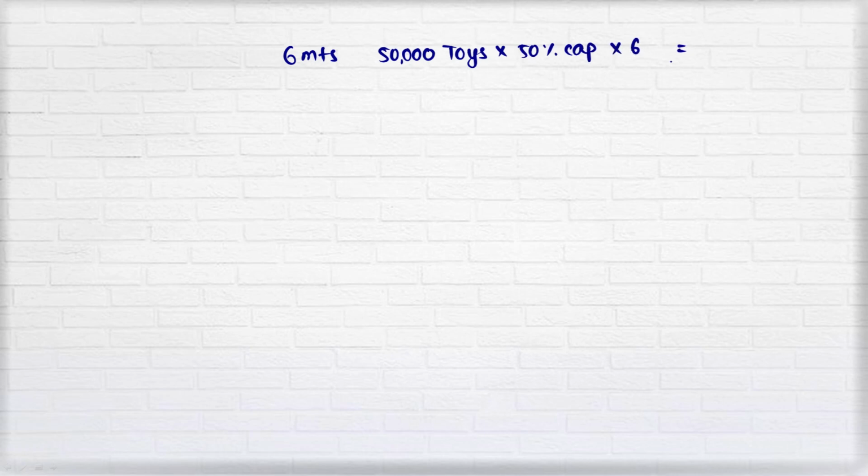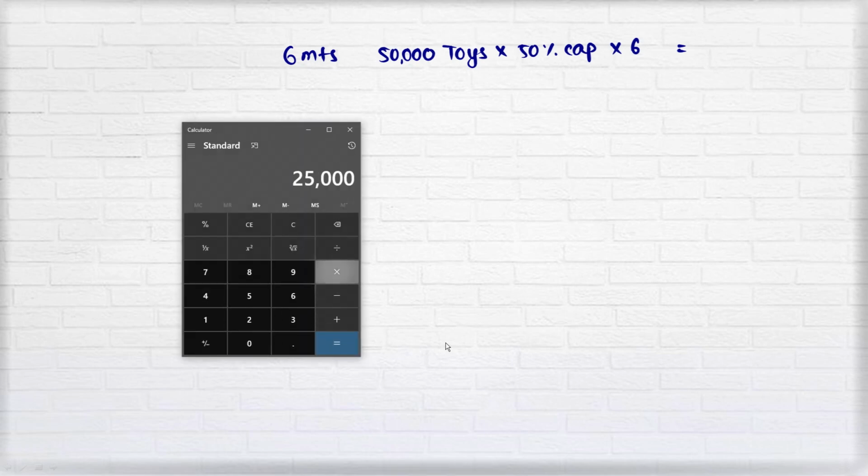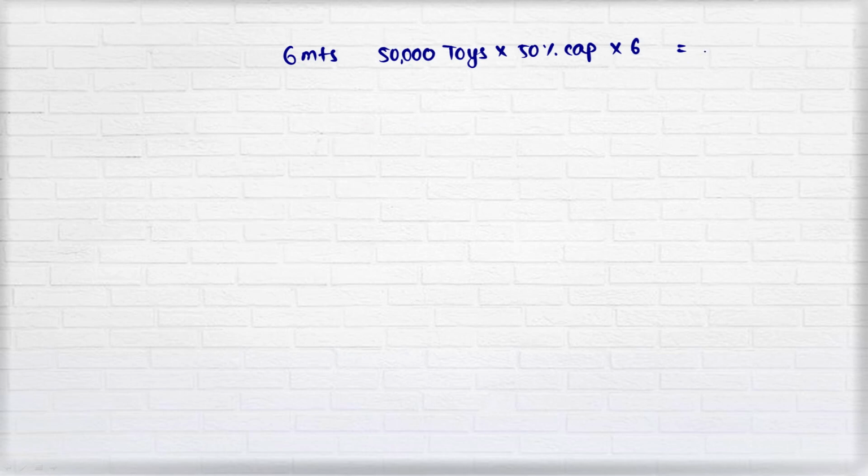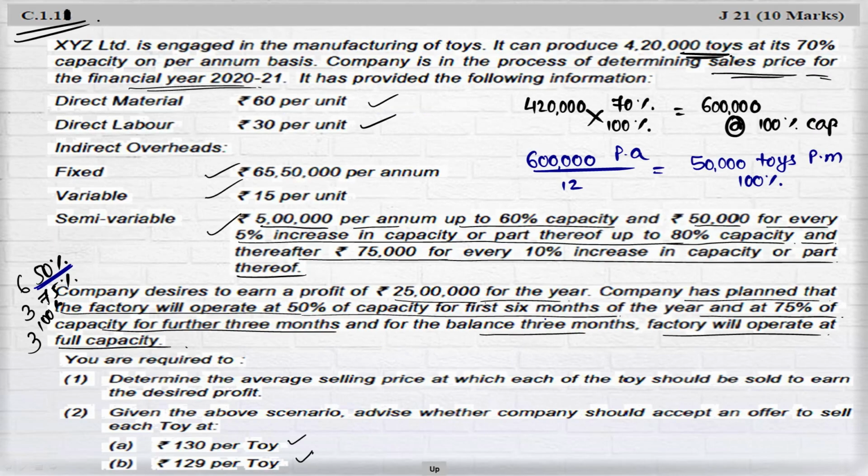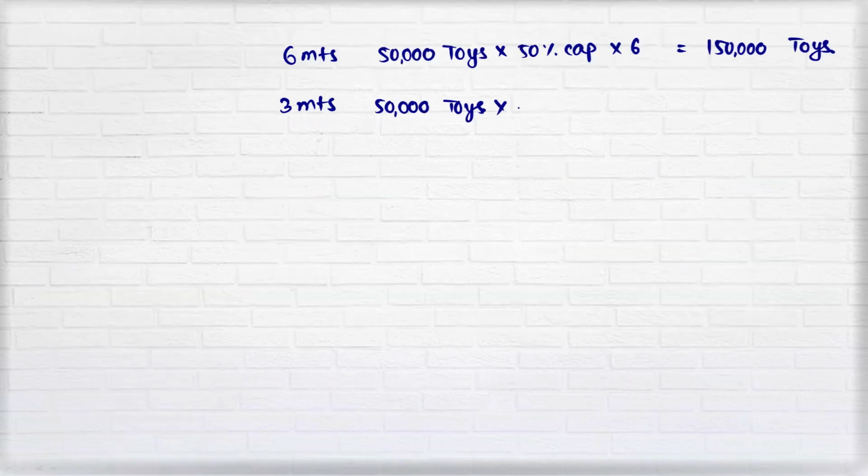So first 6 months, I can do this. 6 months, 50,000 toys into 50% capacity multiplied by 6 months. It is 1,50,000 toys. Next 3 months, 50,000 toys are per month at 100% capacity.